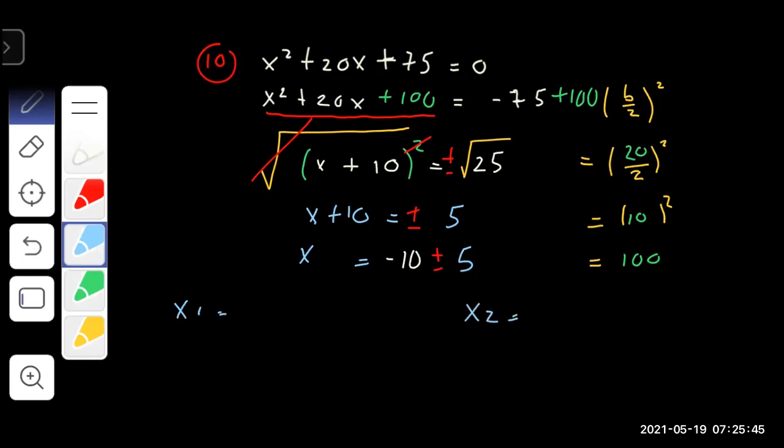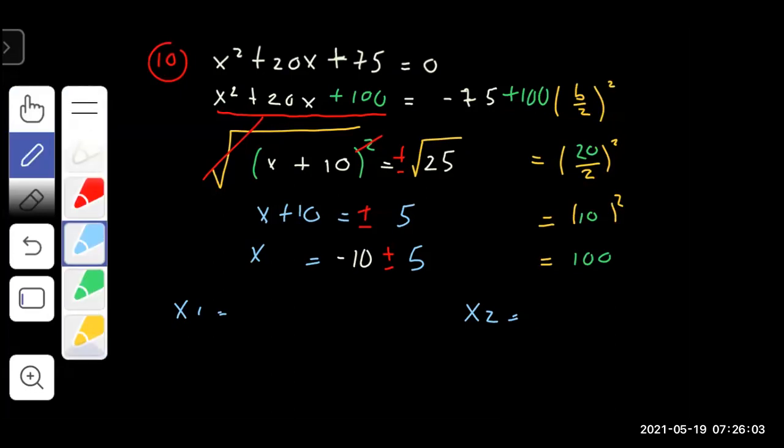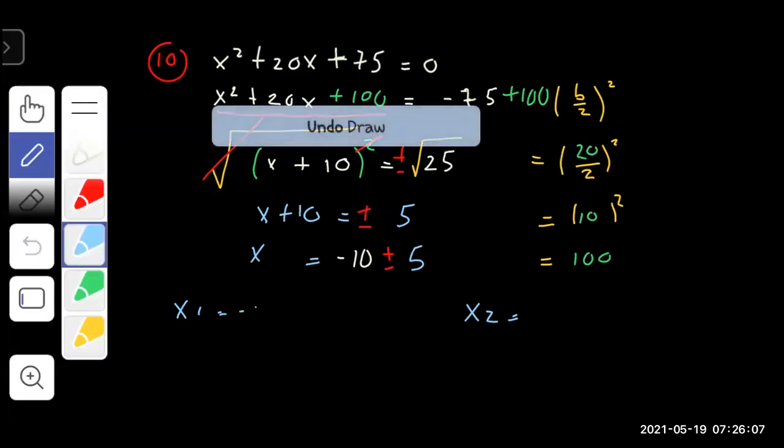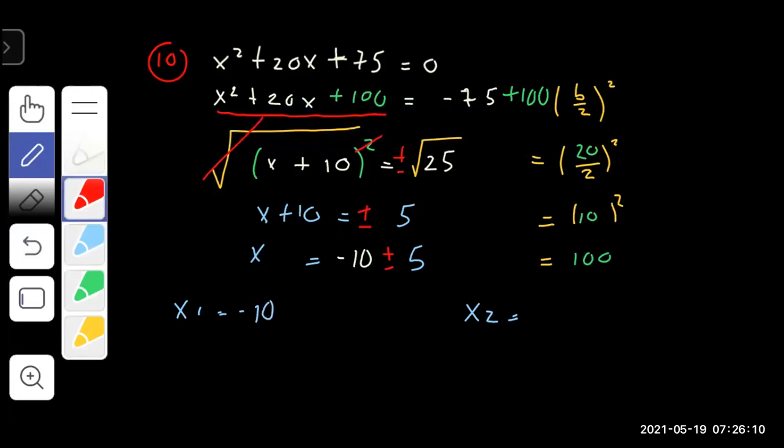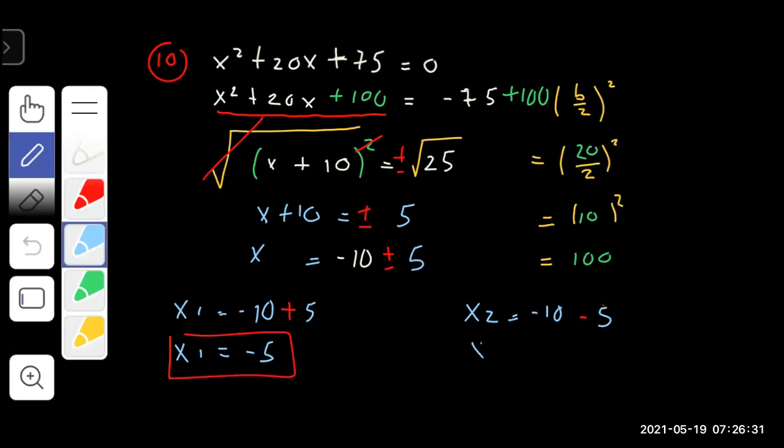The solutions are negative 10 plus 5 and negative 10 minus 5. Solution 1: negative 10 plus 5 is negative 5. And solution 2 is negative 15.